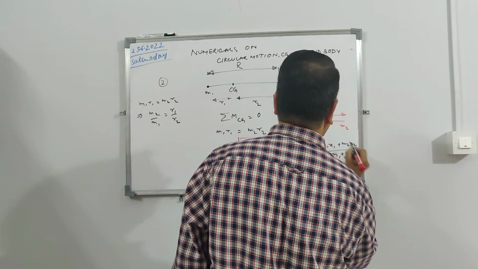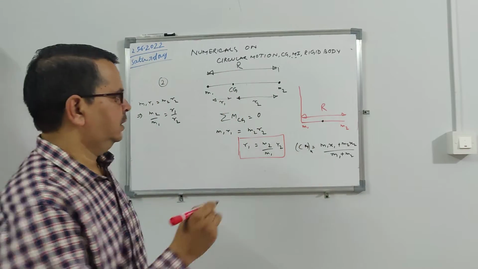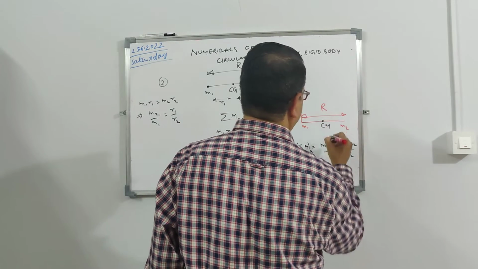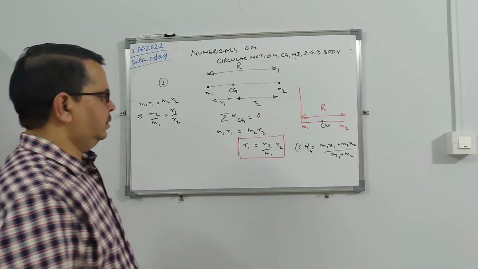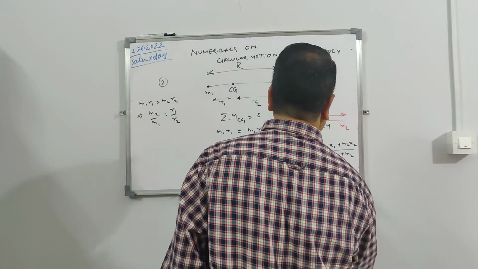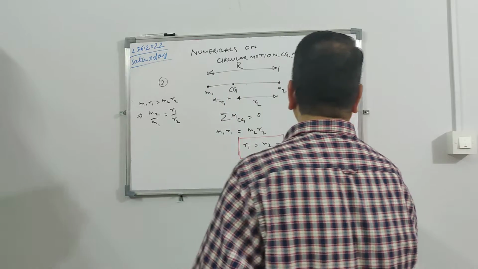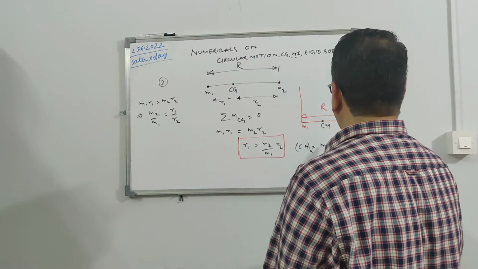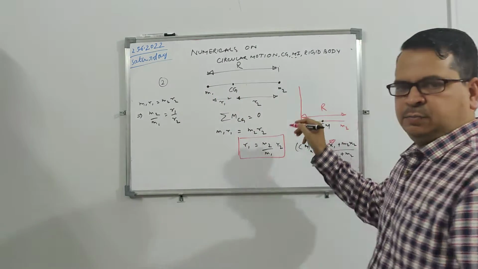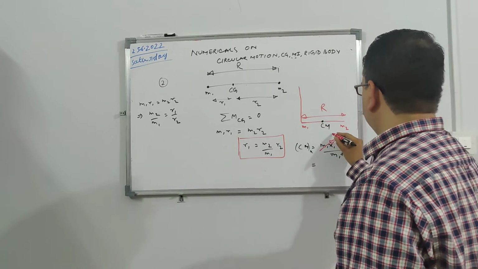So that will be the x coordinate of the center of mass. Let us say my center of mass is here. I know this x1 is 0, because it is passing through the center of gravity already. So this is 0.